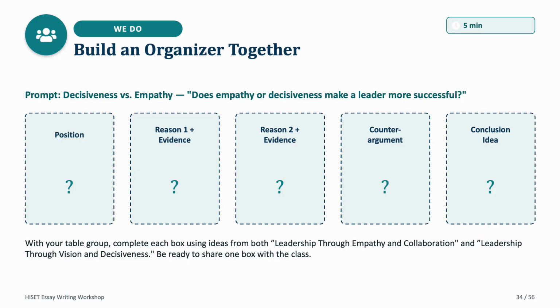I have to look at both of the readings and find my evidence. And my first one, because I'm going to argue that empathy is the most important leadership trait, and I've got two reasons. It builds trust, and it helps teams thrive. And what I'm going to do is that it builds trust, I can look for paragraph 3, where it's arguing for empathy.